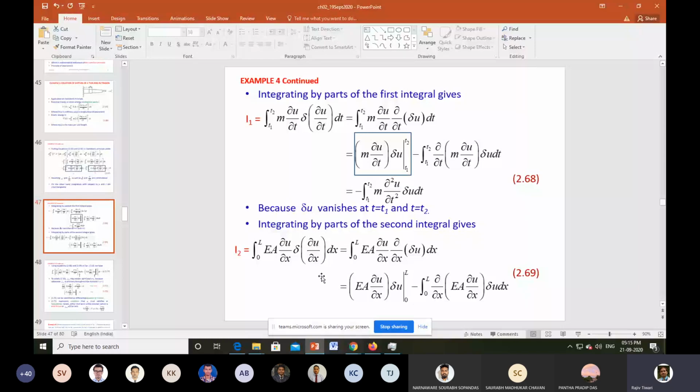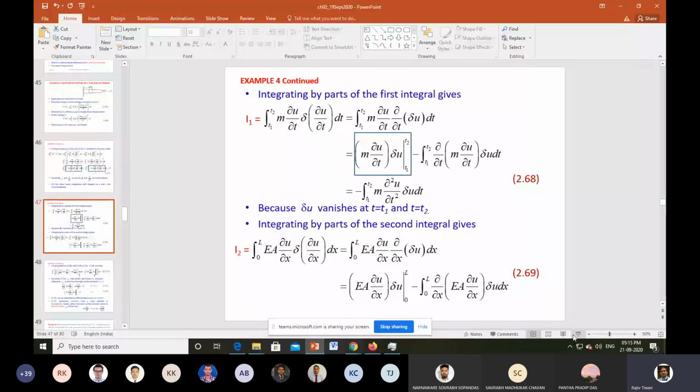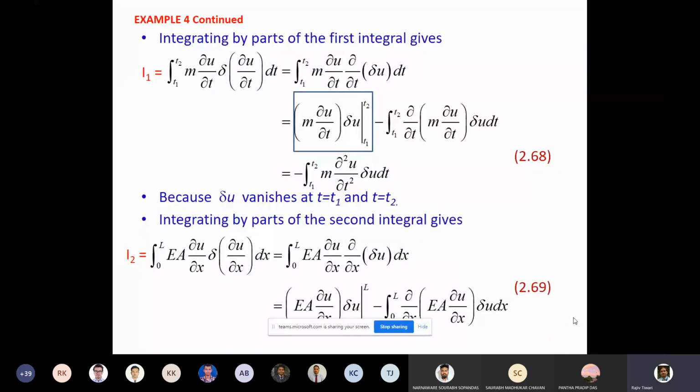Now we have expanded I1 and I2, and we have got this term and this term. We'll substitute these terms back here, and we'll again bring back the order of the integration, keeping the time integral outside and L inside. In this step, I've done that.